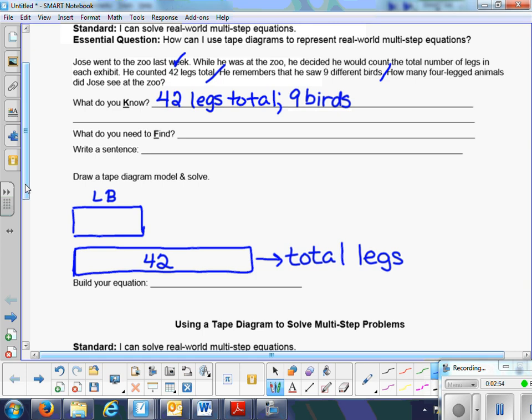Go back to my problem. How many four-legged animals did Jose see at the zoo? So now that's going to tell me what it is that I'm trying to find. I am trying to find out how many four-legged animals Jose saw.